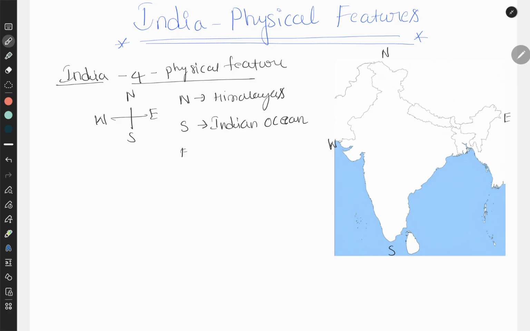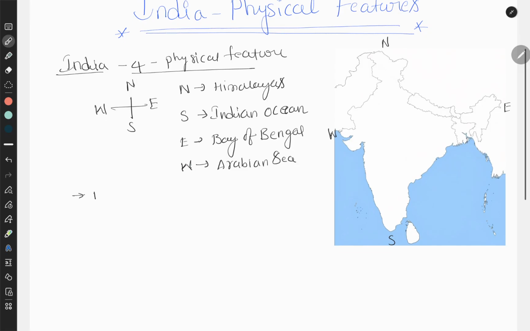The east side is surrounded by the Bay of Bengal, and the west side is surrounded by the Arabian Sea. These are the major boundaries of India in the north, south, east and west.